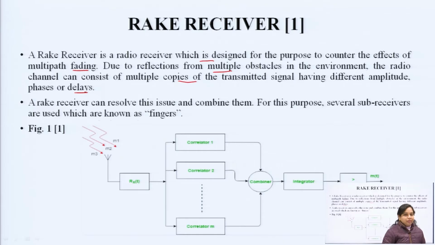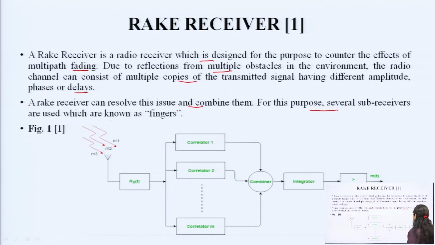There are 4 phenomena that occur when multipath exists between the transmitter and receiver: reflection, refraction, scattering and diffraction. As the signal follows different paths, different versions of the transmitted signal will exist, each with its own amplitude, phase or delay. A rake receiver can resolve this issue and combine them.